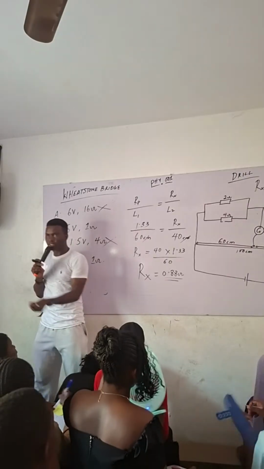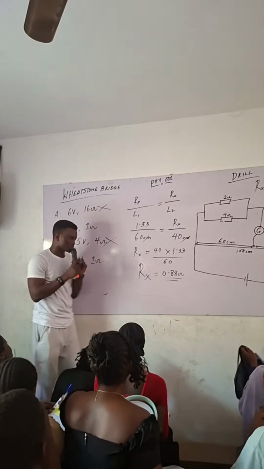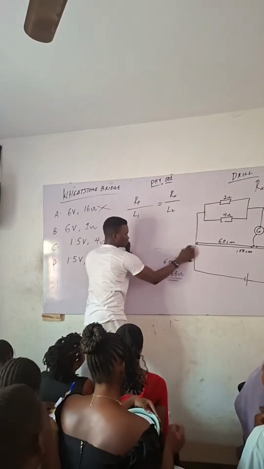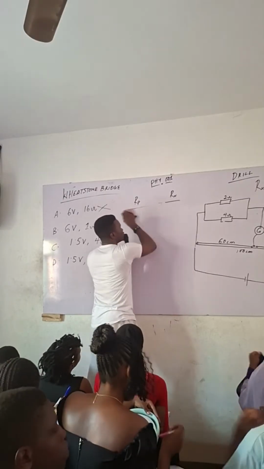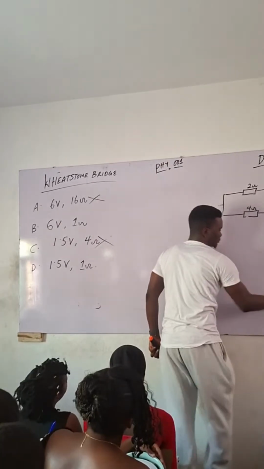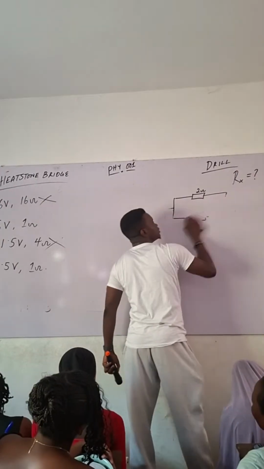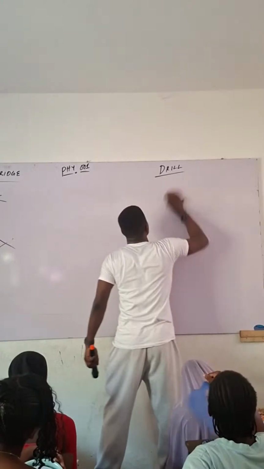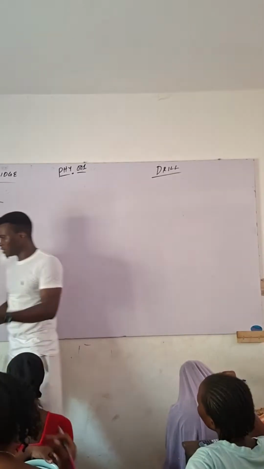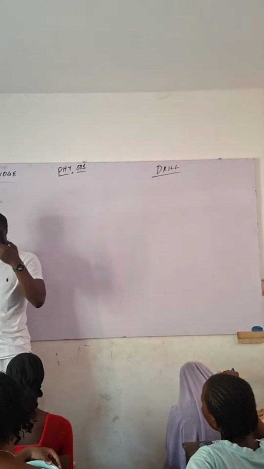For the sake of those that are just learning, that's why I want to solve it. Some things are logical. That's why sometimes they teach you logic, they teach you sense.